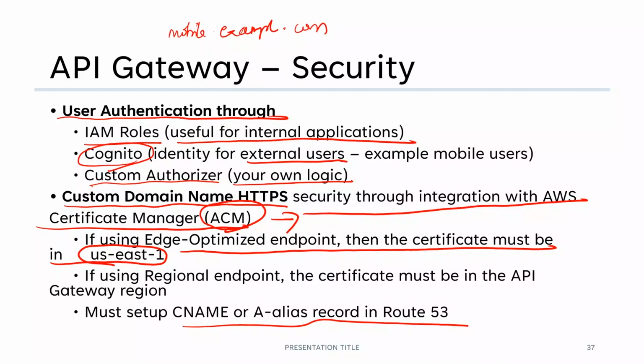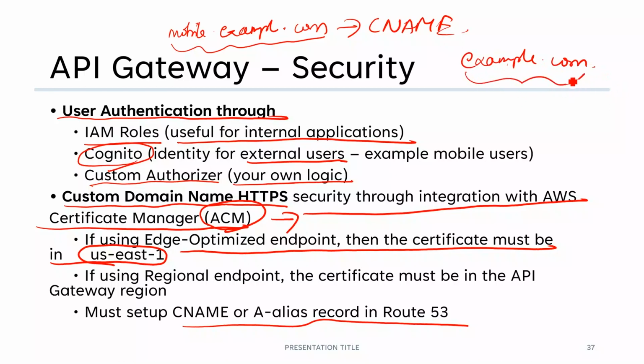We are going to discuss Route 53 in a separate video, but just for your idea, this is a subdomain, and you can assign a CNAME record to it. But you cannot assign a CNAME record to example.com, which is a parent domain. You can assign the parent domain to an alias record, and an alias record can only be assigned to AWS services.